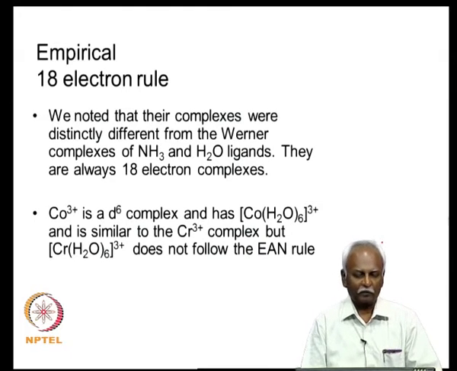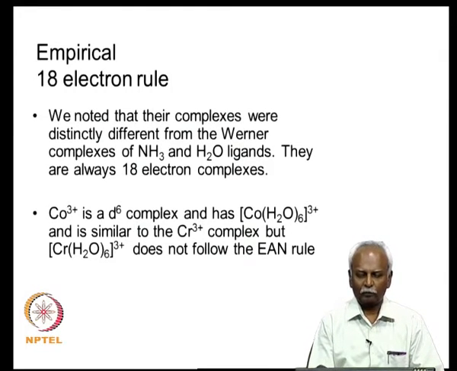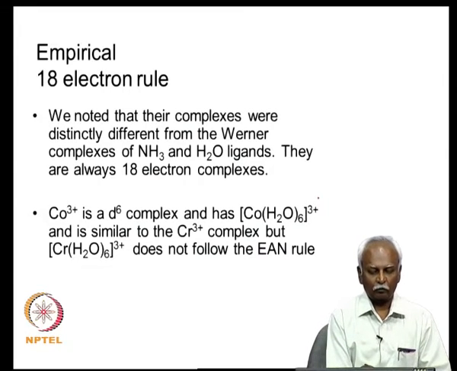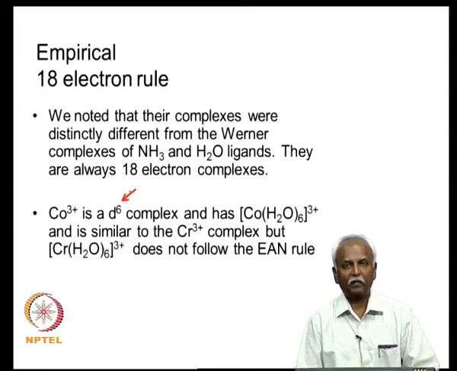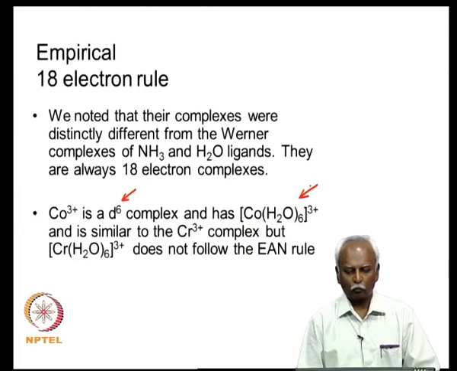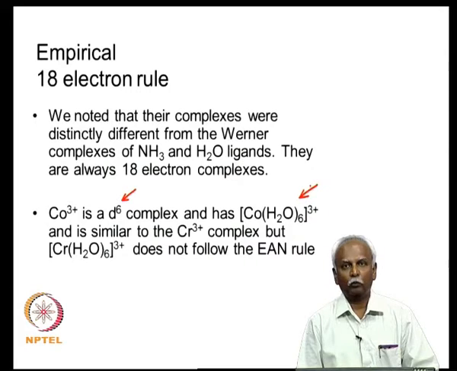Here, for example, I have noted that cobalt 3 plus has a number of valence electrons equal to 6. So, that has got 6 valence electrons. It is a d6 complex. Now, if it combines with 6 water molecules, then you can form a very stable coordination compound, which is hexaaquo cobalt 3 complex, and that is denoted here.